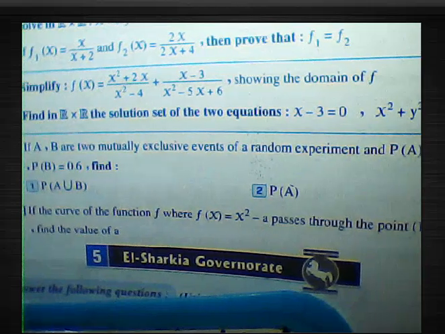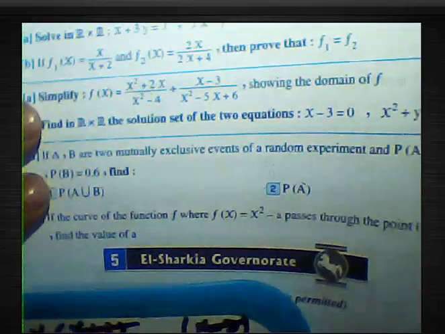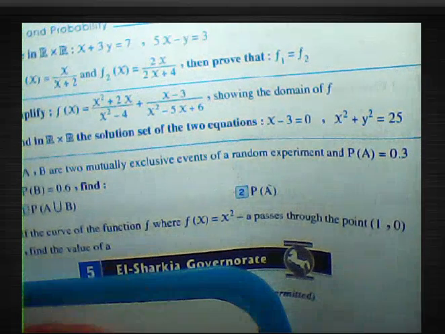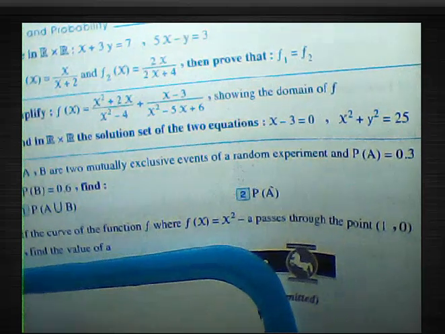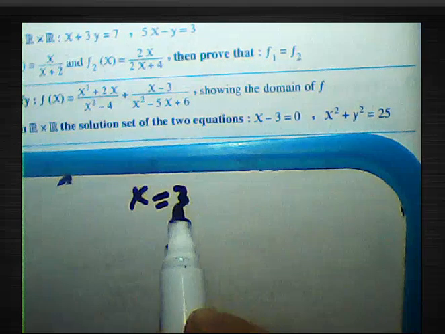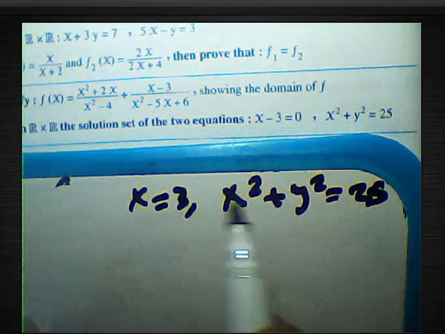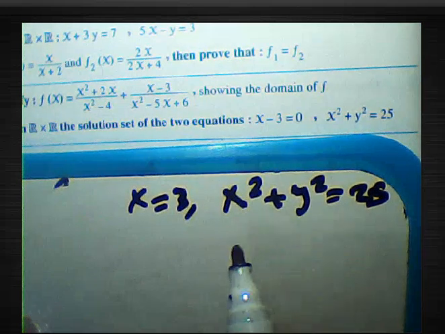Find in R times R the solution set of the two equations x minus 3 equals 0 and x power 2 plus y power 2 equals 25. First we know x minus 3 equals 0 gives x equals 3, and in x power 2 plus y power 2 equals 25, we can put x equals 3 in the expression.